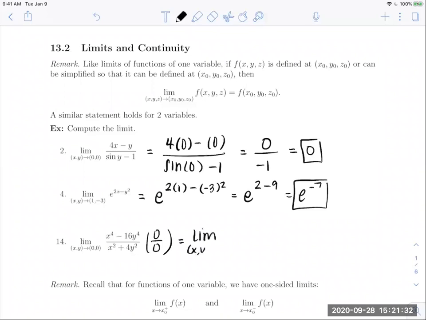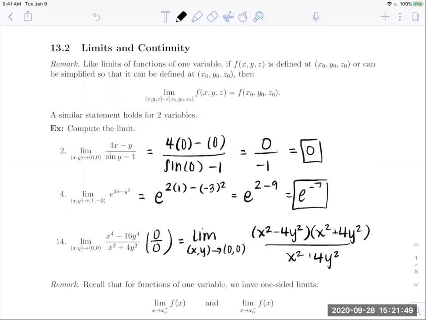So I'm going to begin by writing my limit here in front, and then factoring that numerator to an x squared minus 4y squared and an x squared plus 4y squared. Then on our denominator, we still have our x squared plus 4y squared. We can cancel those common factors because those are equal to 1. And then finally, we can plug 0 in for x and 0 in for y, and that's going to give us a limiting value of 0.